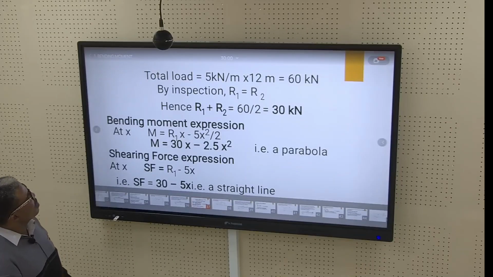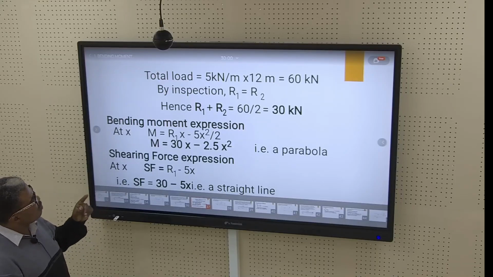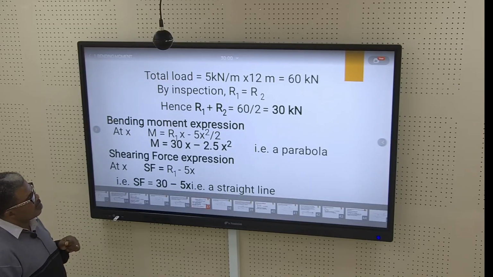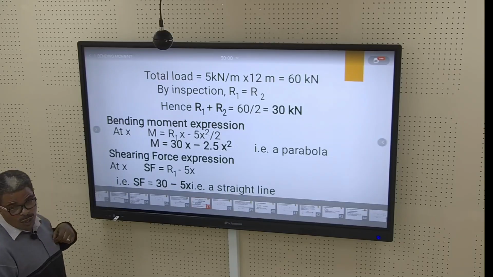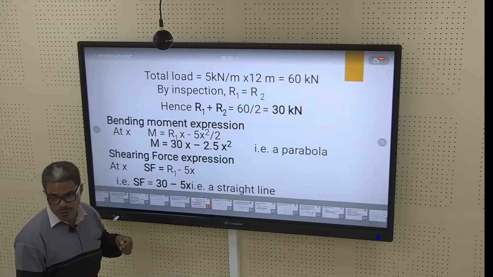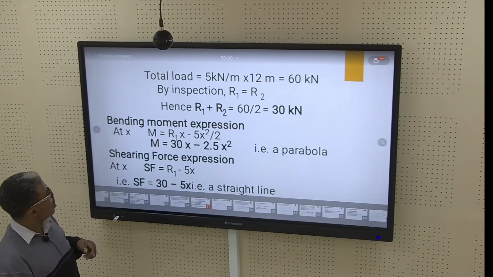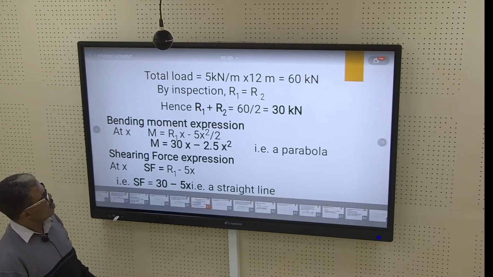As we computed for the first case, just to reinforce, 5 kilonewton per meter multiplied by 12 meters gives the total load for the beam. It becomes 60 kilonewton. So by inspection, this beam is equally spaced, so R1 must be equal to R2.